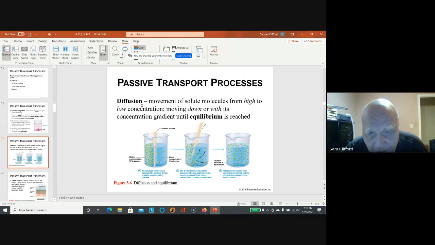So diffusion is a passive transport process. It depends upon moving from a high to a low concentration. The substance will diffuse until it's equally spread throughout the liquid and equilibrium is reached.